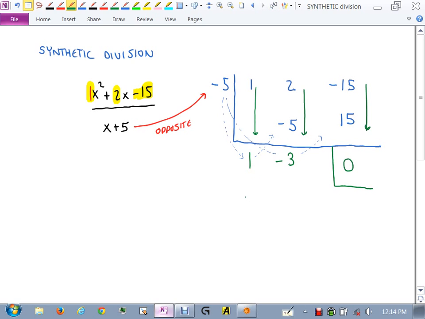So what I can tell you is this. I know that I have a 1 and I have a negative 3. The question is, what is the x that's going to be next to the 1? And what is the x that's next to the negative 3? Well, the way it will always work with synthetic division is that the x that's next to this one is 1 power less than what this was to start.